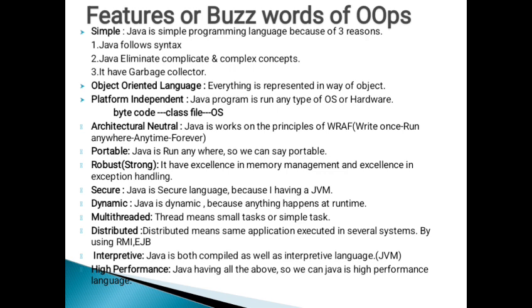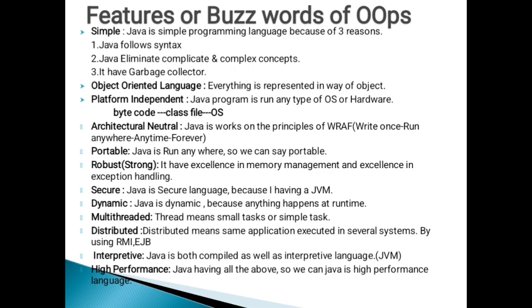Next one is secure. Java is a secure programming language because of the JVM. It has a security manager, so Java transfers only authenticated and authorized files. So Java is a secure programming language.